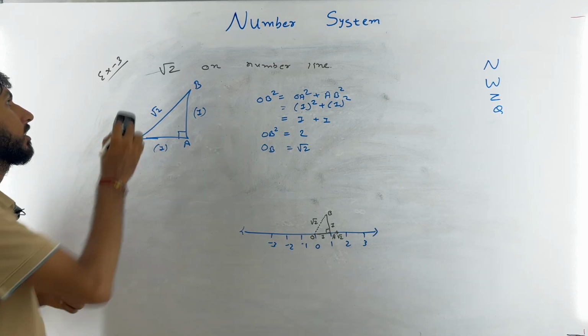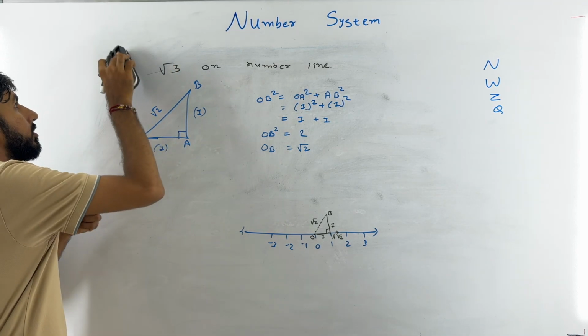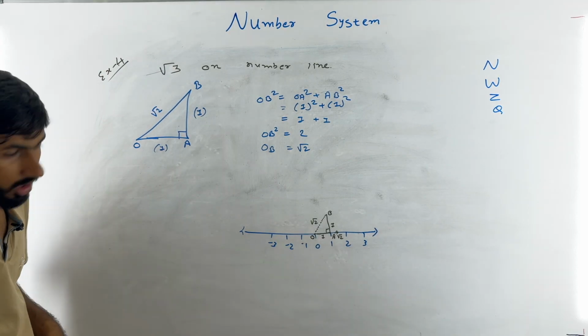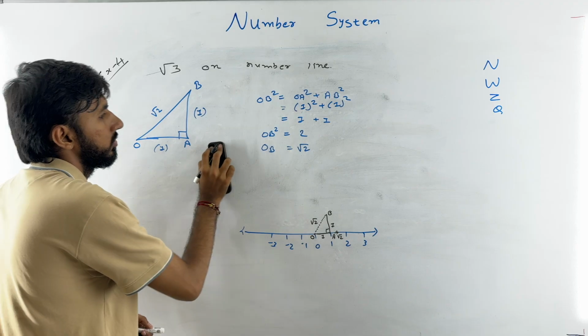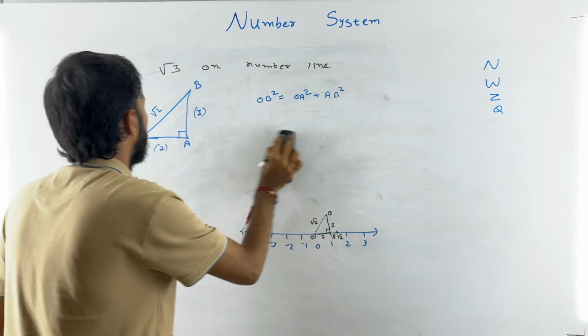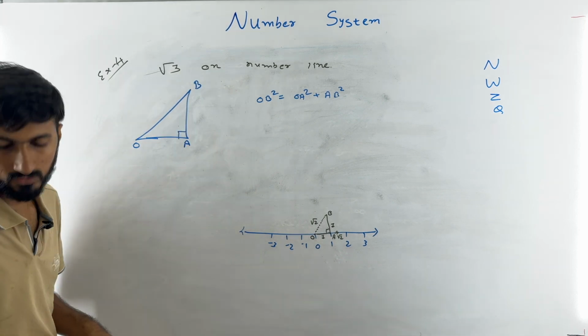In the same way, if I have to represent root 3 on the number line, which will become our example number 4, I will do the same. But now the lengths of the sides will be different.